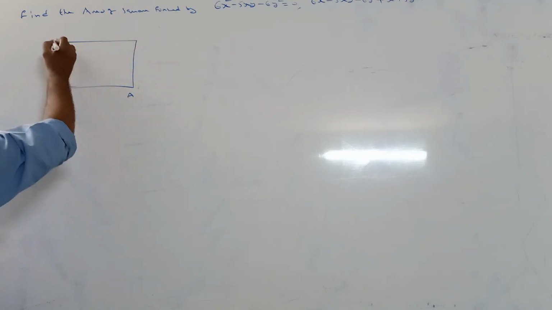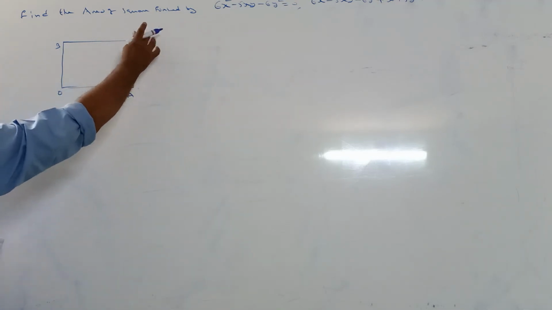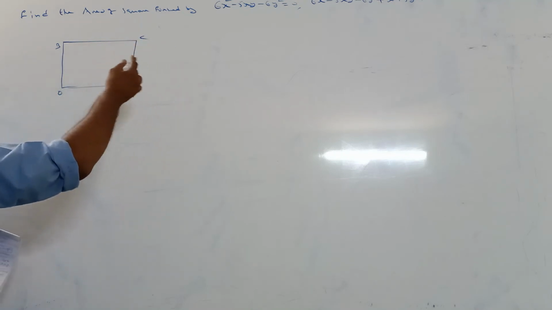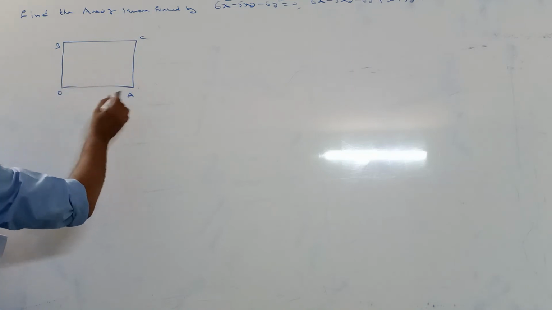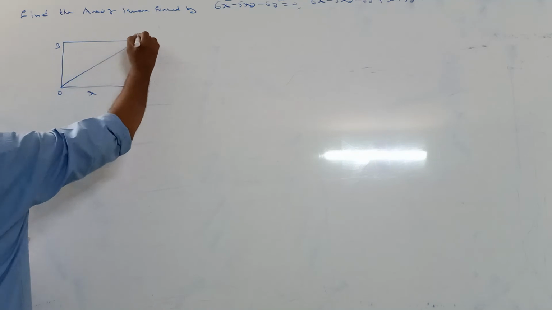Suppose OA and OB are the lines opposite to origin, and AC and BC are the perpendicular lines not opposite to origin. They are asking for the area of the square, so join this.